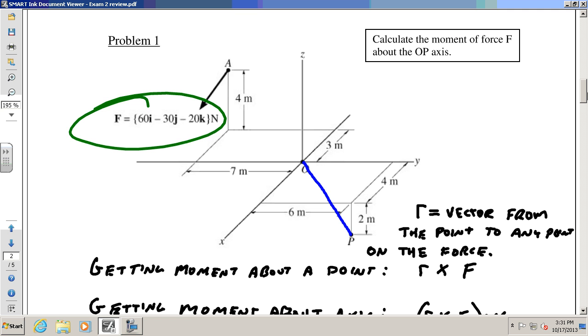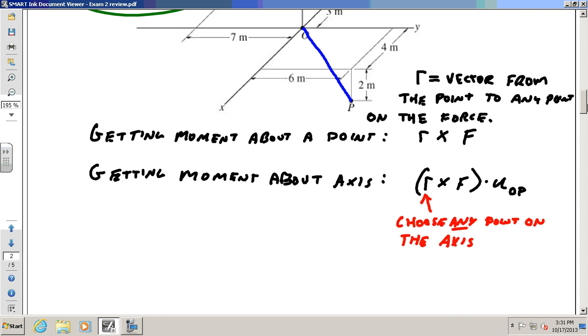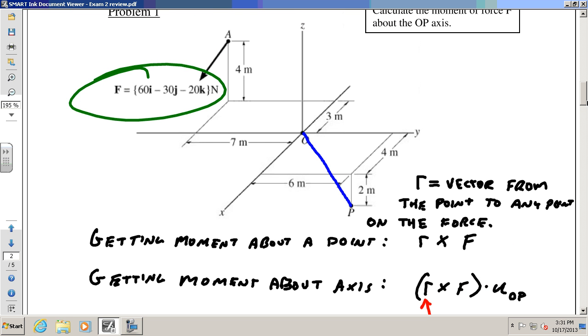Well, you could choose P, but I think it's easier to choose O. And so your R then, let me draw it up so you can see it here. Your R, in this particular example, you would just go from O to A. That's going back 3, so it's minus 3i. You're going to the left 7, minus 7j, and you're going up 4. So there's your R.